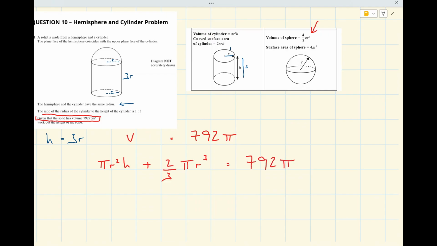Now steady as she goes, one thing at a time. Do you notice how I've written h here, but we know that h equals 3r. Okay, so what we're going to have here is pi r squared times 3r plus 2/3 pi r cubed equals 792 pi.